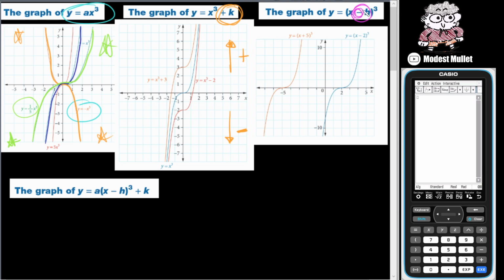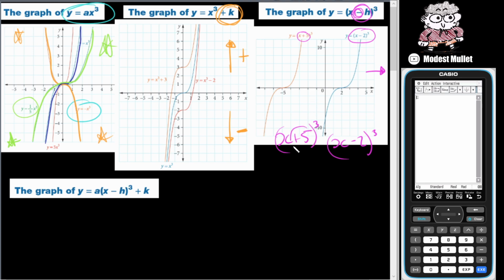So if h itself is positive, it's going to appear like you can see in this one, which is (x minus 2) all cubed. Even though it's minus 2, the h value itself is positive, because in this form the negative is in front. We result in going to the right, and then the flip case, which is (x plus 5) all cubed, results in a translation to the left.